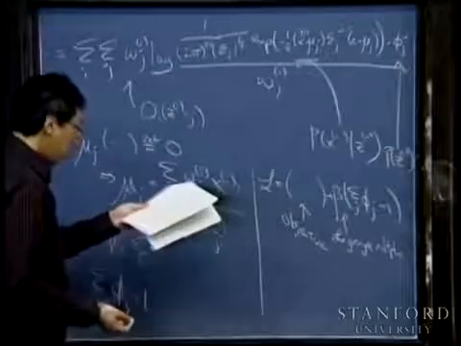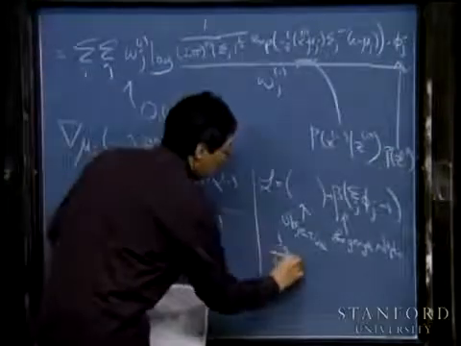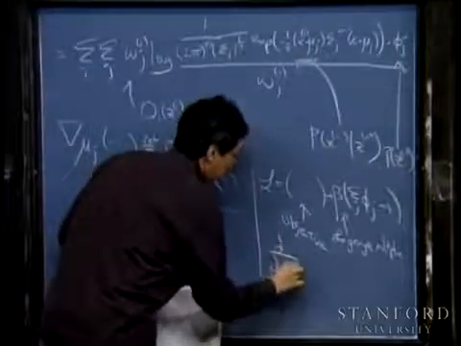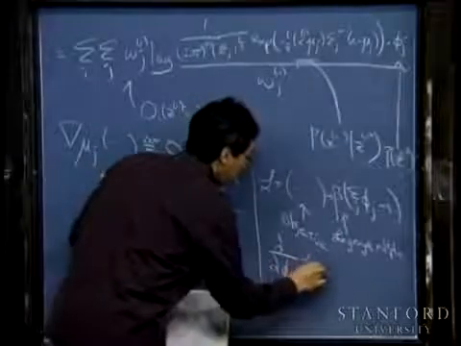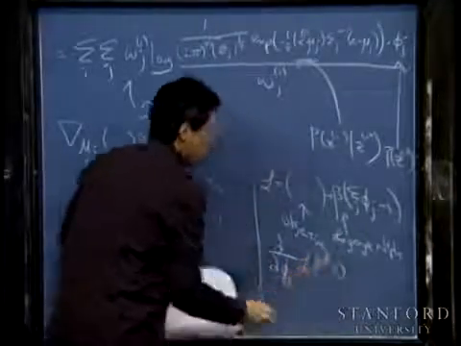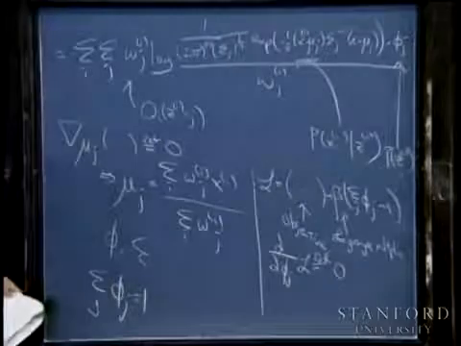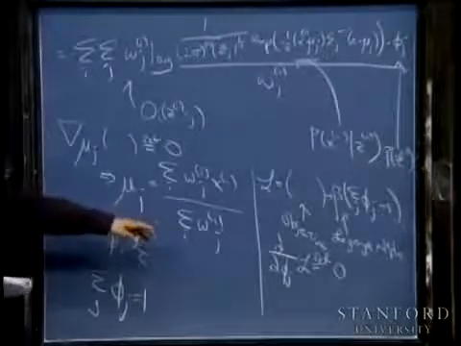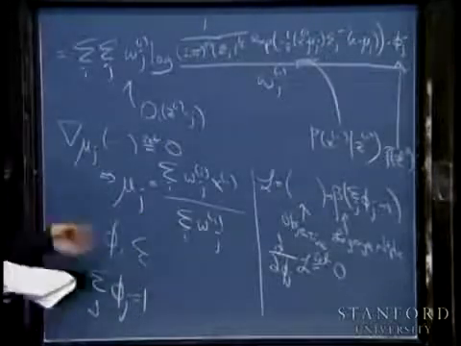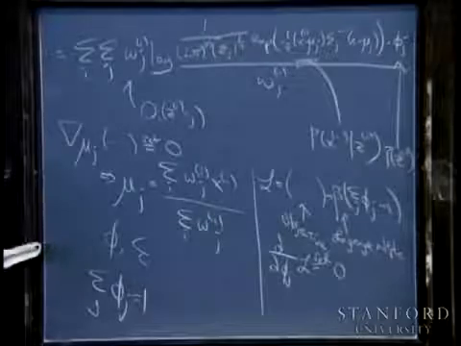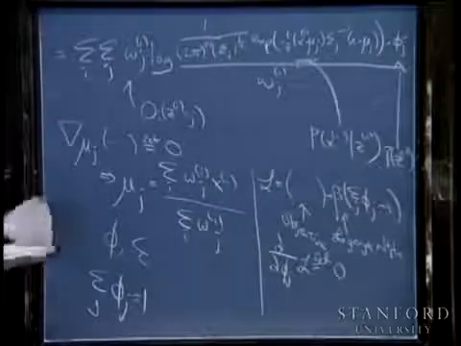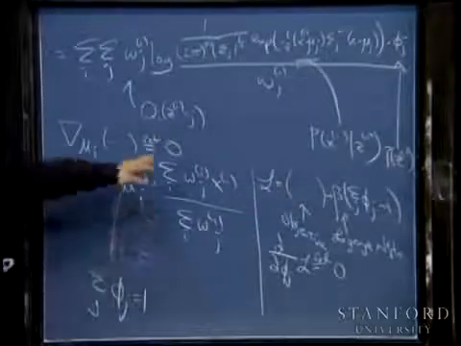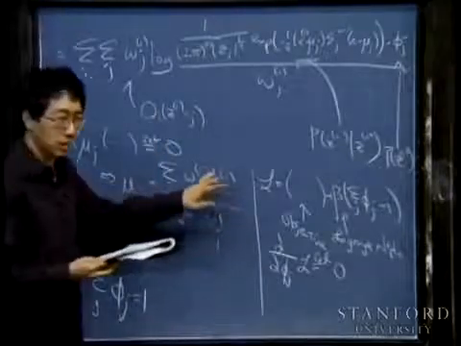To solve for the parameters phi j, you would set the derivative of the Lagrangian to 0 and solve. If you work through the math, you get the appropriate value to update the phi j's to. I won't do that here, but all the full derivations are written in the lecture notes.